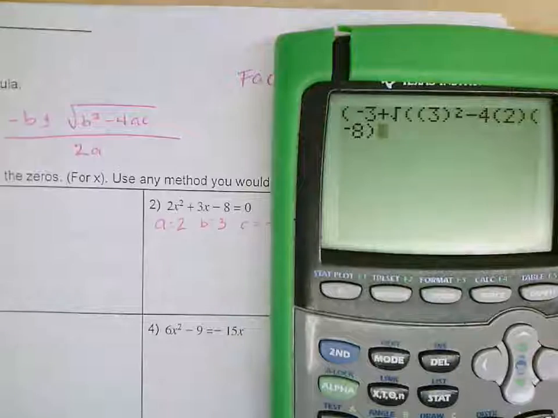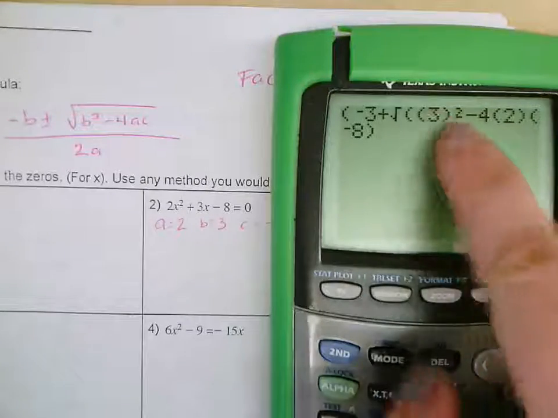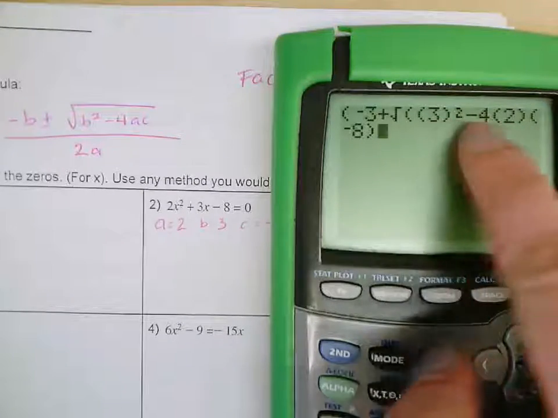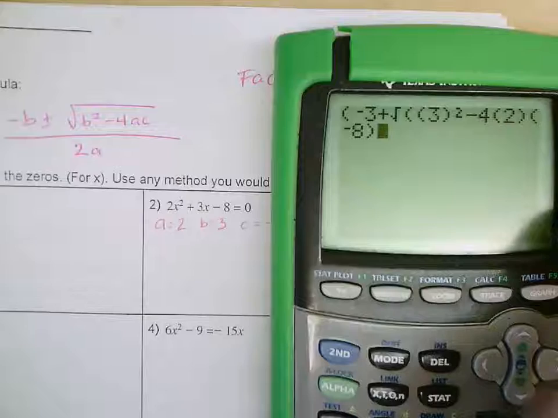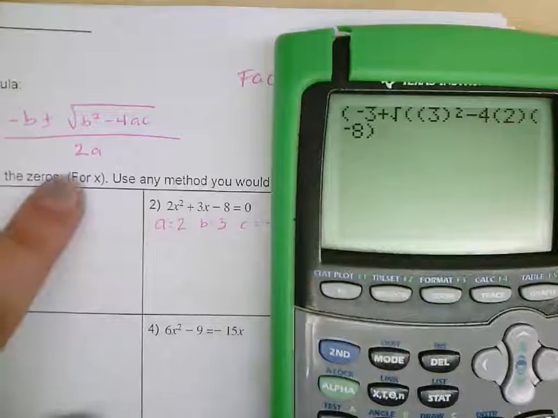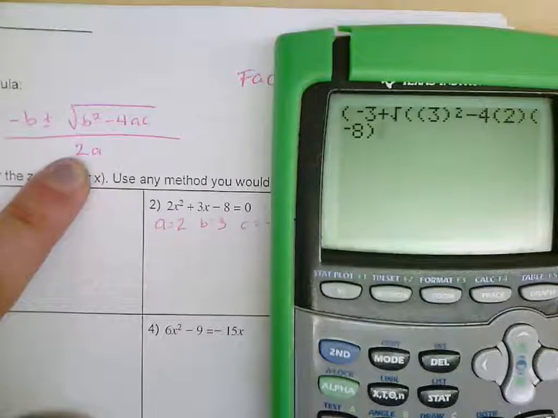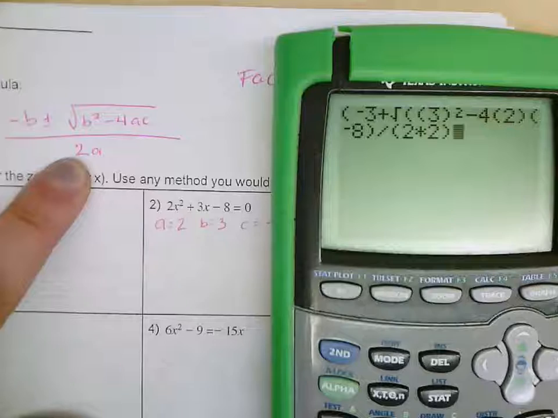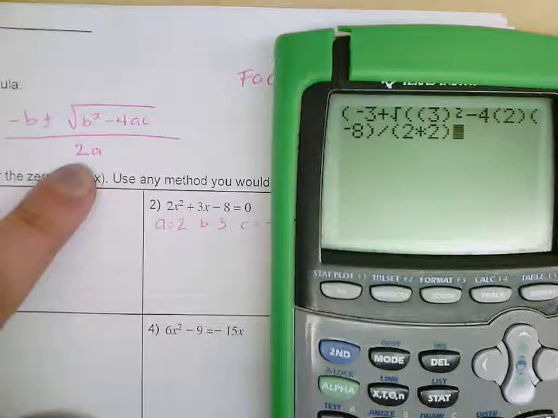And that whole thing has to be divided by 2a, but if I just divide by 2 and then a, the calculator is going to use the order of operations. It's going to divide by 2 and then multiply by a, and I want it to divide by 2a. So when I push divide, I'm going to put in parentheses 2 times my a value, which is another 2. So I need to make sure that 2a is also in parentheses.